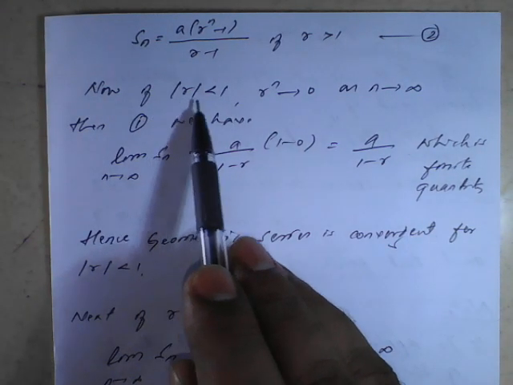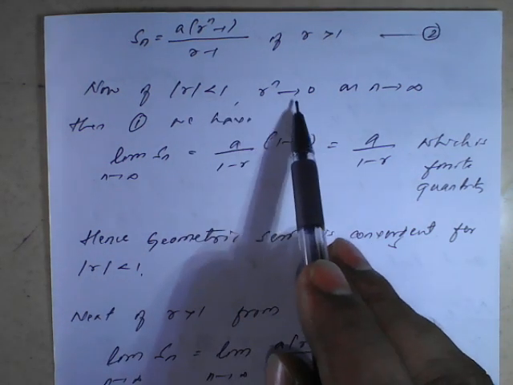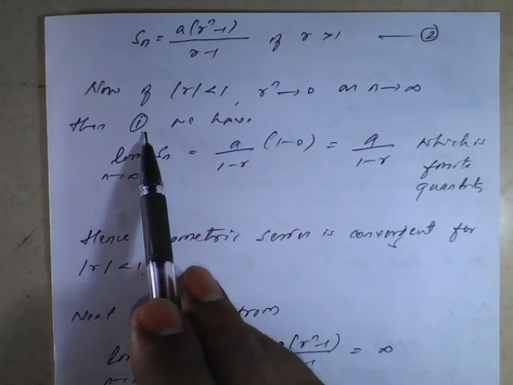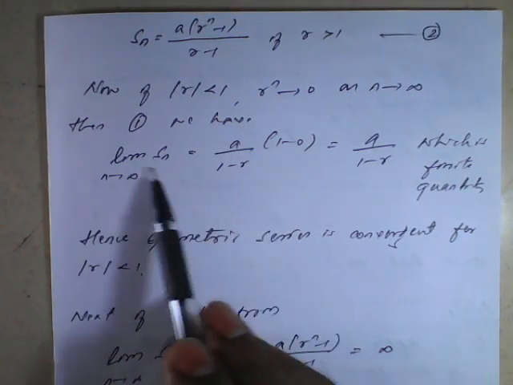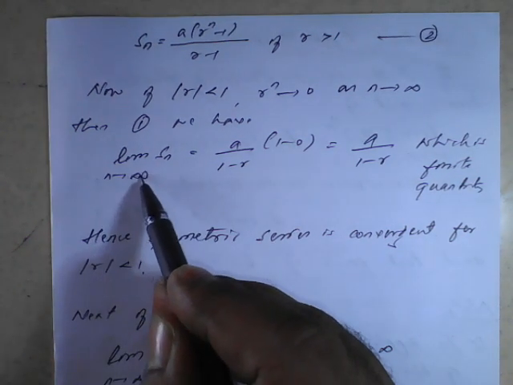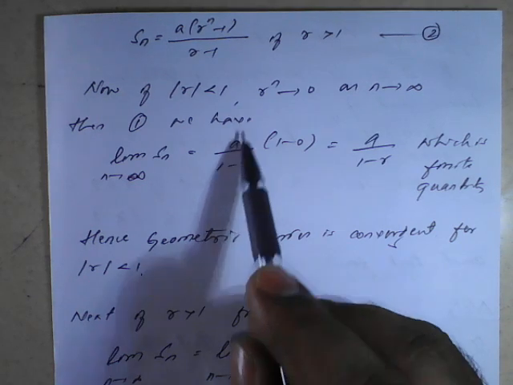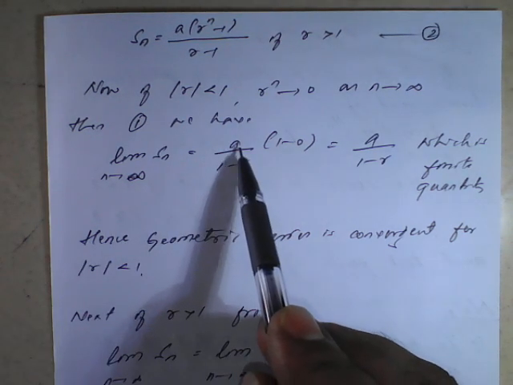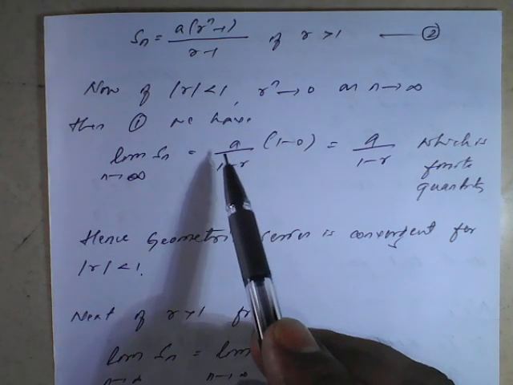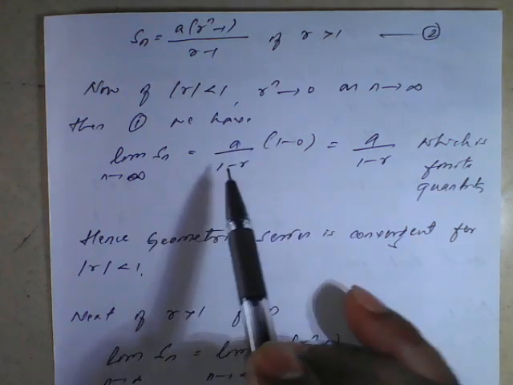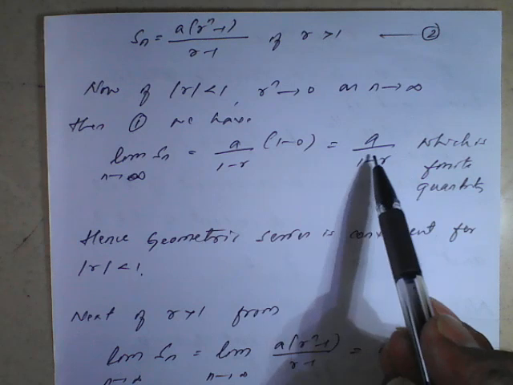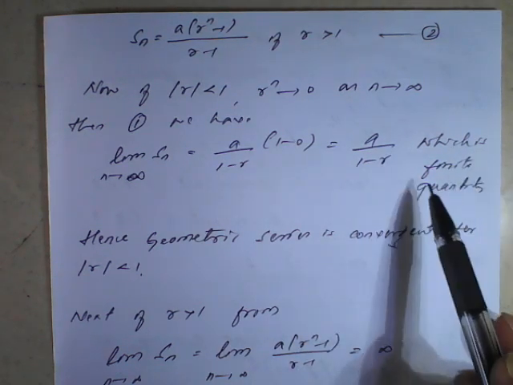if mod of R is less than 1 and R raised to n tends to 0 as n tends to infinity, then in equation 1, if you apply the limit of Sn as n tends to infinity, it will become A upon 1 minus R into 1 minus 0, because R raised to n is becoming 0. So it is nothing but A upon 1 minus R, which is a finite quantity.